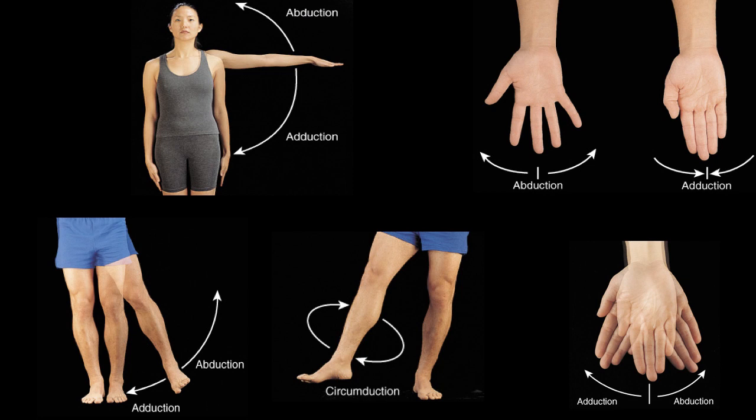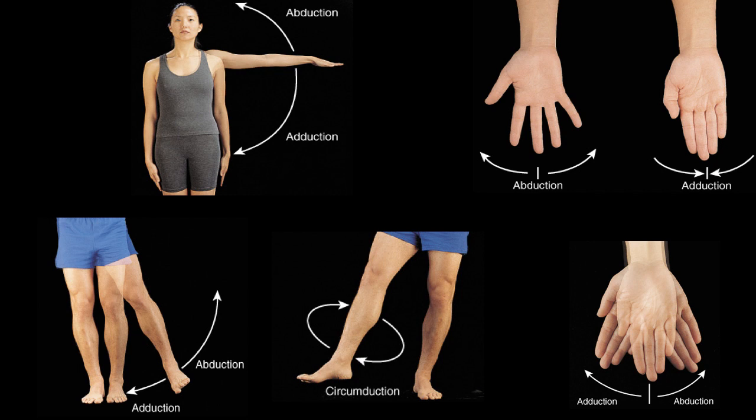In the case of the hand, you have to differentiate abduction and adduction of the fingers in relation to the midline of the hand itself, and what is abduction and adduction of the whole hand in relation to the midline of the body in anatomical position. You can see that on the right.